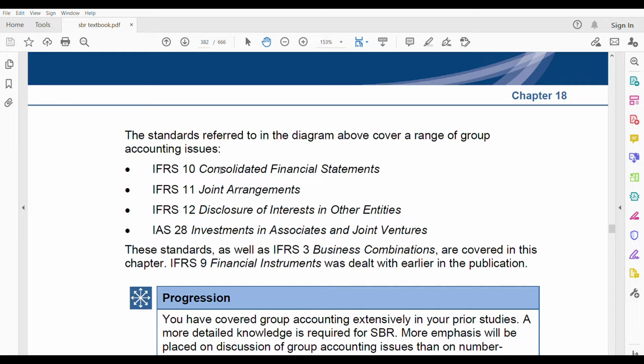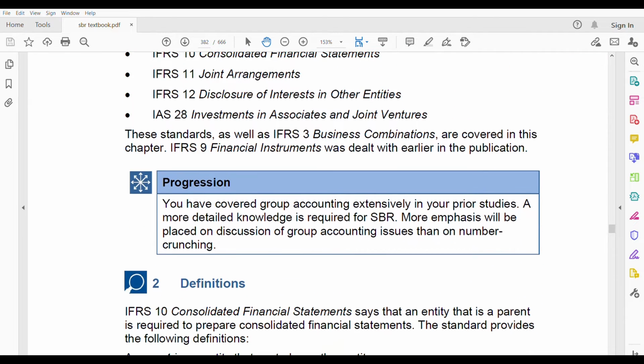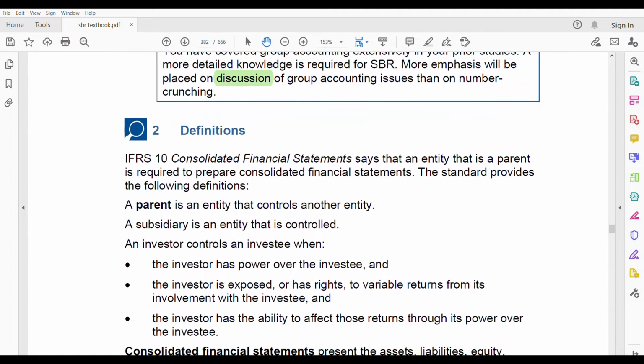And other standards are there, IFRS 3, business combinations, and IFRS 9, which was dealt with in my earlier videos. What you need to know is that more emphasis will be placed on the discussion rather than just number crunching. There will be some group accounting issues which you need to discuss. So now let us start IFRS 10.